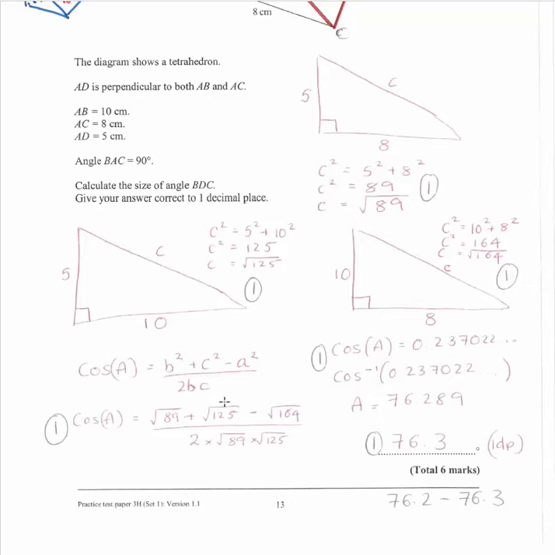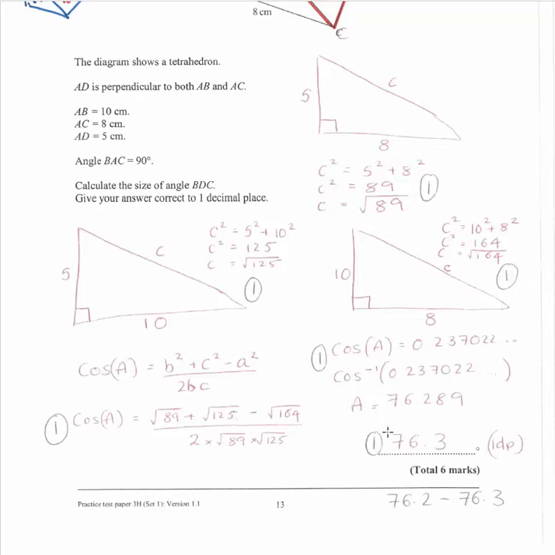This bit here and this bit here and this bit here, these should be squared, because what is B? It's going to be 89. And when you square it, it's the square root of 89 squared, which is 89. And this is the square root of 125 squared, which is 125. So that's what you're going to get here.